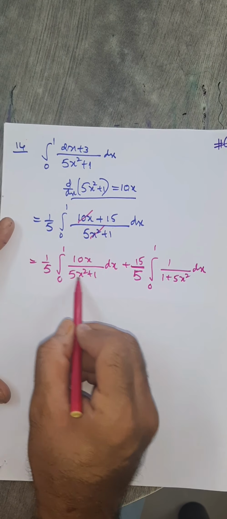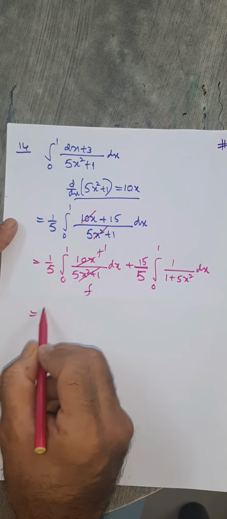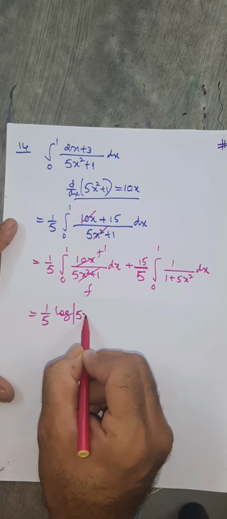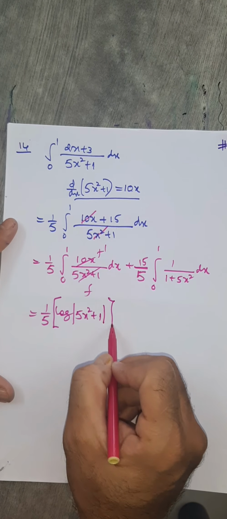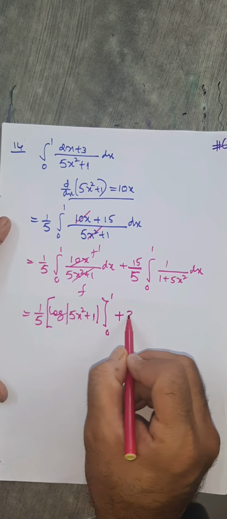Now this first one can be integrated very easily because this is f dash, this is f. So what is the answer? 1 upon 5 log of mod of the denominator expression 5x square plus 1. The limits are 0 to 1. 15 by 5 is just 3.